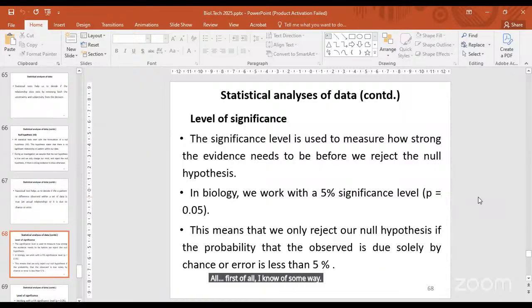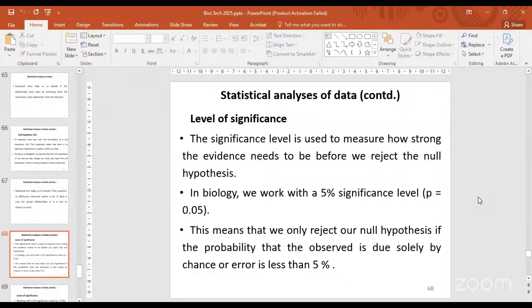You now set a level of significance. In science, that level of significance is usually set at 5%. That 5% is written as P. P value, the level of significance, is equal to 0.05 or less. Equal or less, in some cases, you just say P less than 0.05.